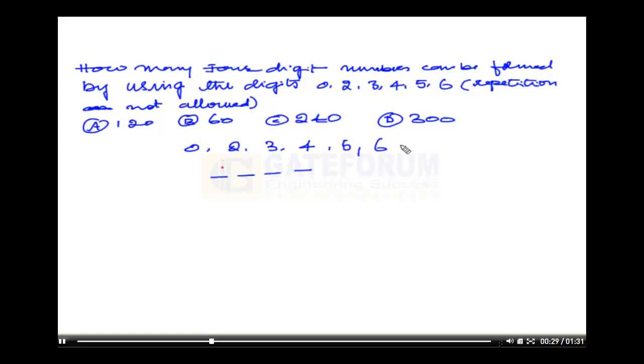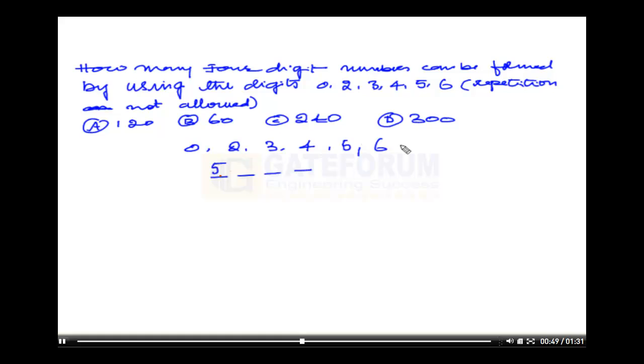If you place it in thousands, it becomes a 3-digit number. Therefore, the 1000th place can be filled with any one of the 5 remaining digits. Therefore, here 5 ways of filling the 1000th place.